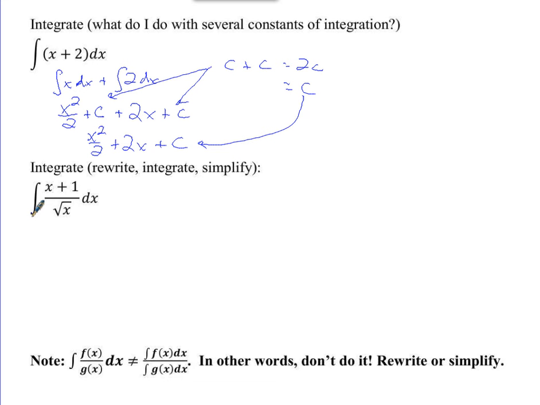Okay, how about this one? We ready for something like that? No. Nope. Rewrite it. Then integrate it. Then simplify it. So if I'm going to rewrite this, what am I probably going to do?